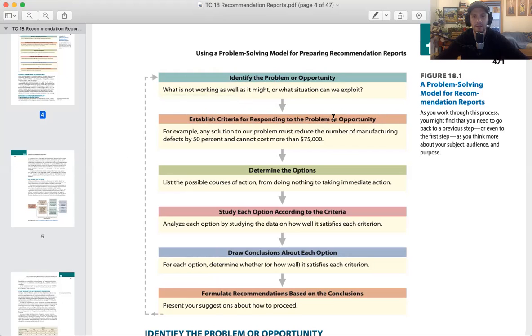We're going to focus on the problem part, not the opportunity part. So here we'll say, well, the things that I need out of the solution are the printer needs to print in color, it needs to do duplex printing, and it needs to print fast, right? Those are my three criteria.